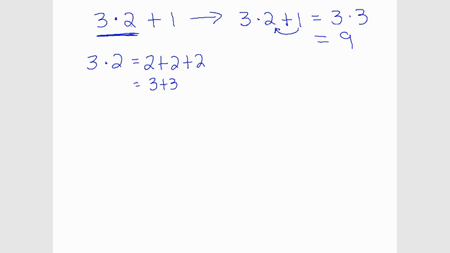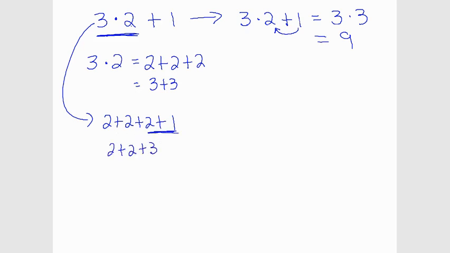And so instead, if I rewrite this as 2 plus 2 plus 2 plus 1, I can most certainly do this first. I get 2 plus 2 plus 3, but notice I only did it to one of the 2's, and I get 4 plus 3, which gives us our actual answer of 7. So you have to do the repeated addition that comes first before you do anything else.